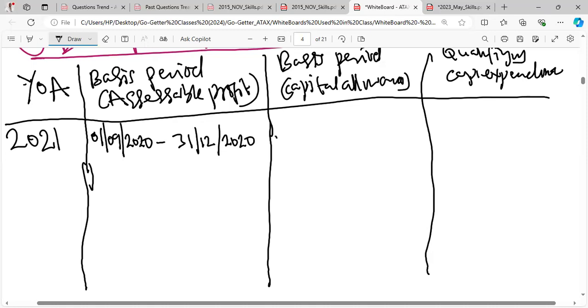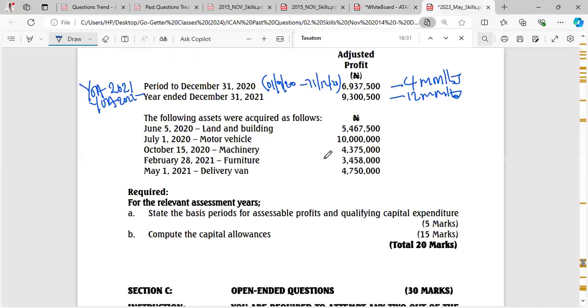The same thing you are writing here. September 1, 2020 to 31st December 2020. Now the assets you are looking at are all the assets that were bought in 2020.